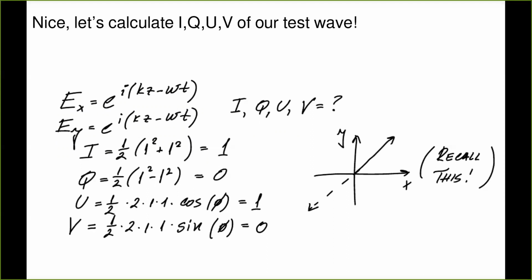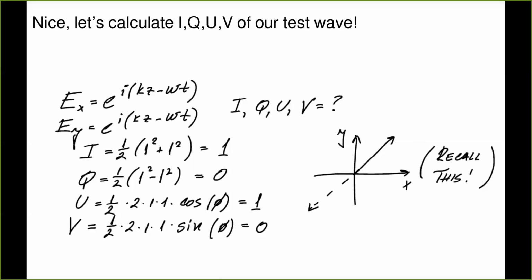U is 1/2 times 2 times AX AY cosine of the phase difference, which is 0, so it's 1, and V is 0. And this already tells you some physical interpretation of Stokes U. Our wave was oscillating at 45 degrees to X, and its U component was maximum, the other two were 0.